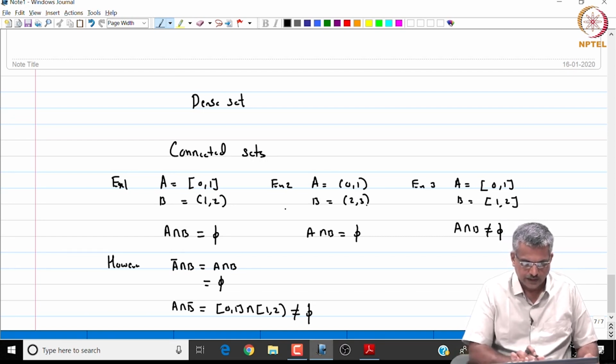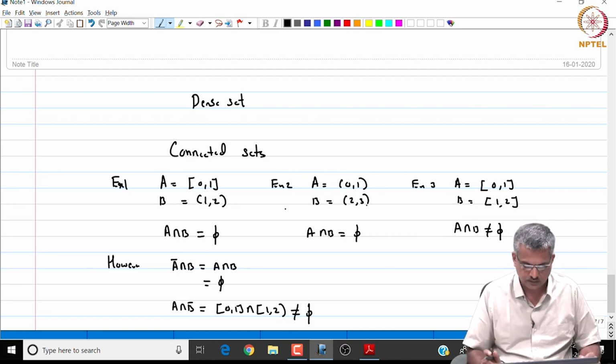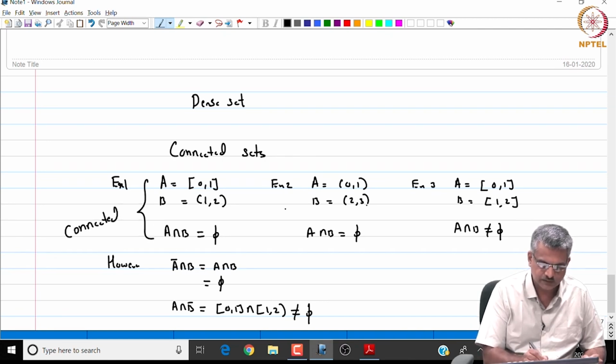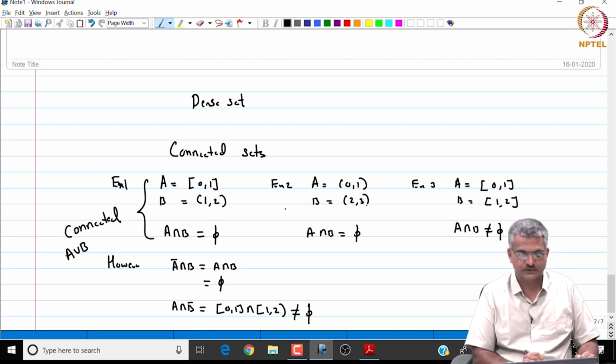So, A and B are not disconnected. That means they are connected. So, here is an example. This example is a connected set. What is the connected set? A union B is a connected set, it is in one piece.